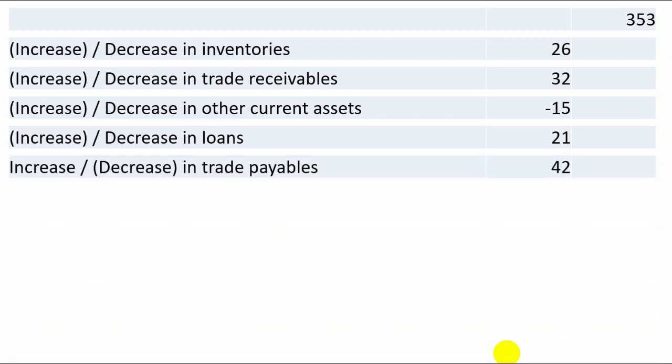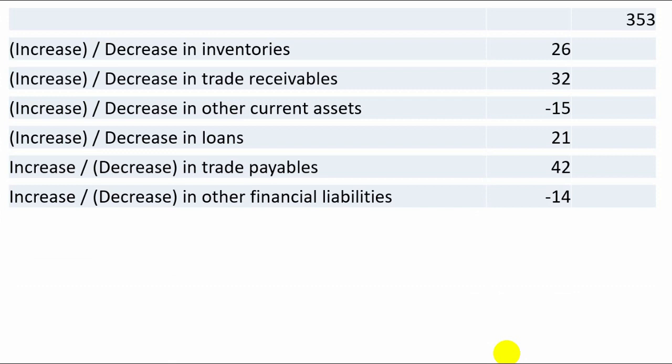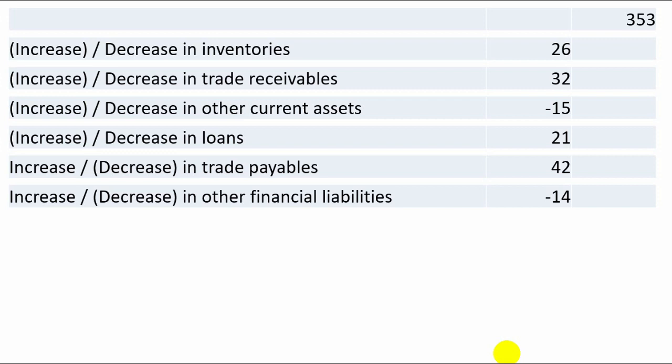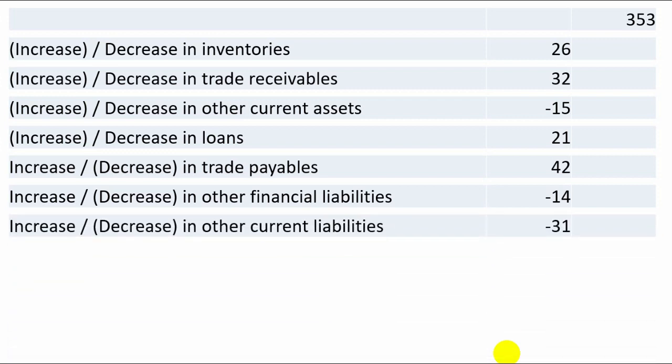In this example, the company has managed to increase its trade payables, meaning in the profit and loss account, the company had shown expenses for purchases it had made through its suppliers, but 42 crores of trade payables have not been paid yet, and therefore it gets added back here. In the next example, the company's financial liabilities have decreased and it has paid for those financial liabilities. So there is an outflow of cash of 14 crores.